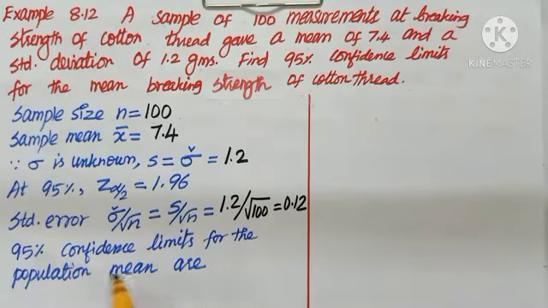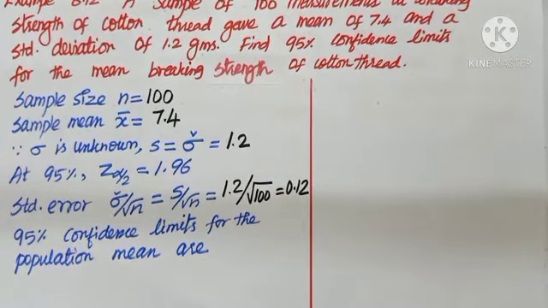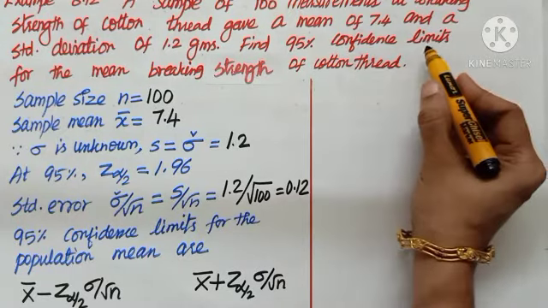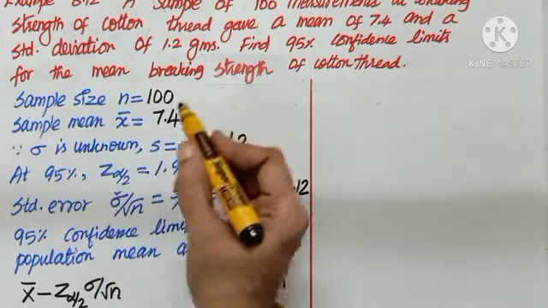The formula for 95% confidence limits. How do we write it? X bar minus Z alpha into sigma by root n, this side X bar plus Z alpha sigma by root n. The question is confidence limits for the mean of the population.